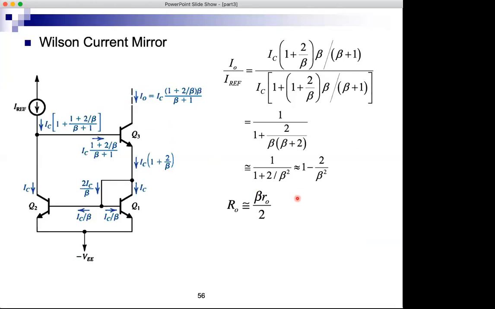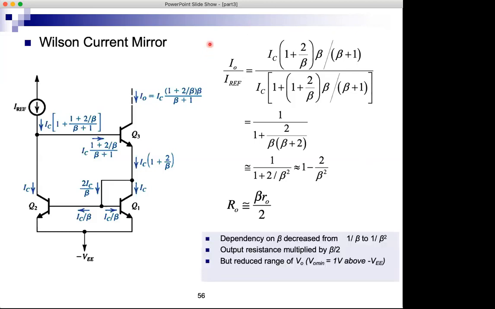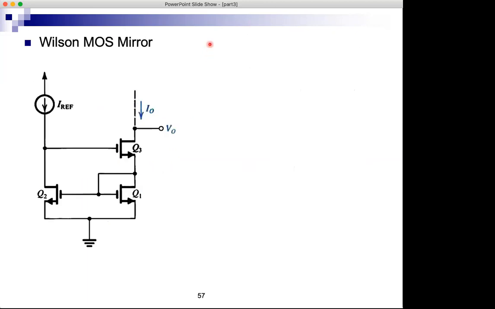And that's an improvement. So that's why people like this circuit and were impressed by the result at the time. And there is also, as you might expect, a Wilson MOSFET current mirror, which is shown here. This is the MOSFET version of the Wilson mirror.